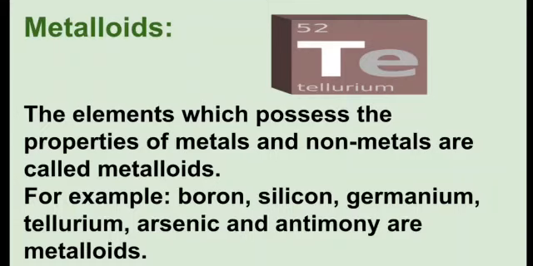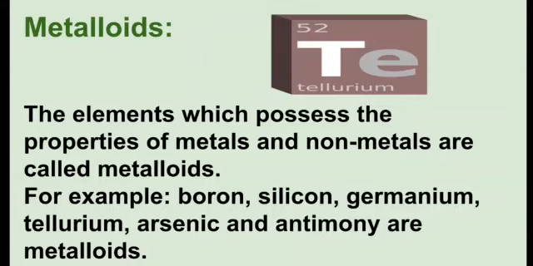Metalloids have properties of both metals and non-metals, so don't get confused about the metalloids. Actually, there is a periodic table which is given in class 9, and you will study the periodic table given by Mendeleev.